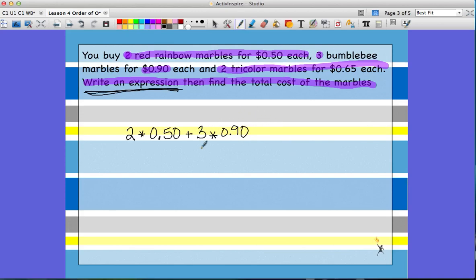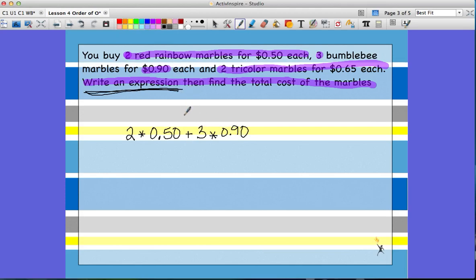Now it's really important here that I put the pieces together that belong together. Now I know that 2 and 50 cents belong together, so I can't put the 2 over here by the 90 and leave the 50 by itself, because then all of a sudden I have 3 times 90 cents times 2, and that's not what we're trying to do here. We only want to multiply these 2 numbers together, and then these 2 numbers together.